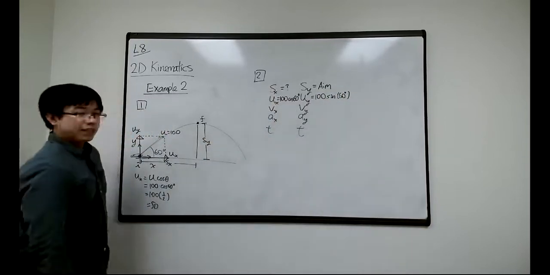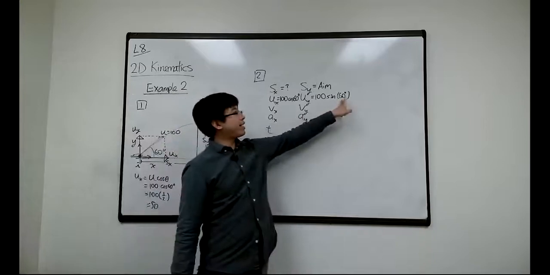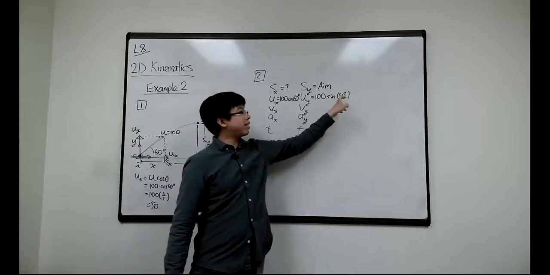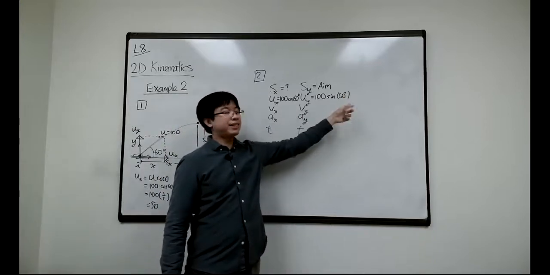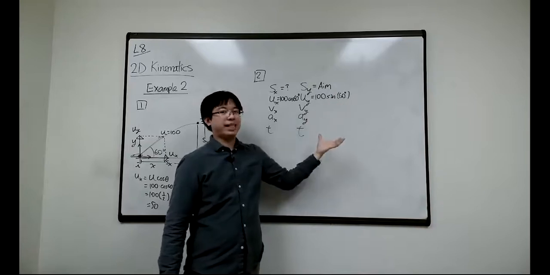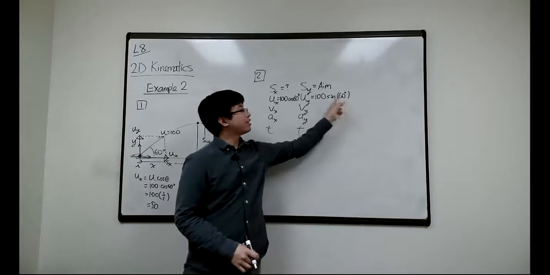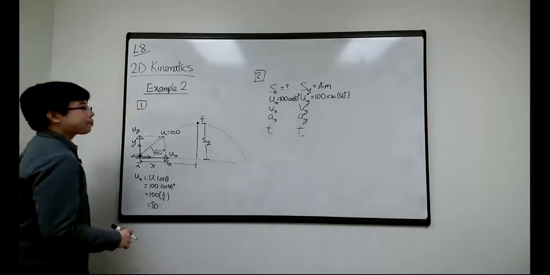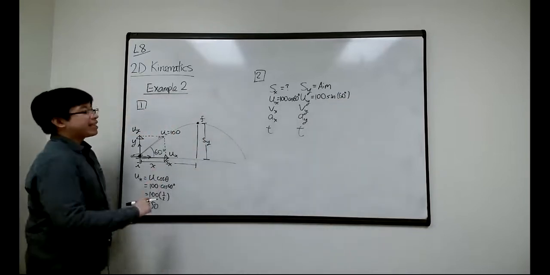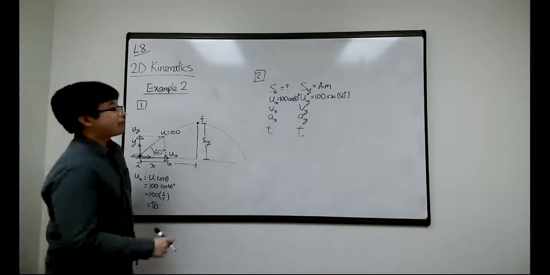Okay, quick word of warning: when you're writing angles, if it's in degrees, always write degrees. If you don't write it, it's taken to be in radians automatically, right? So radians is another unit of angles, so make sure you write degrees. All right, so VX, do we know what's the x velocity over here?